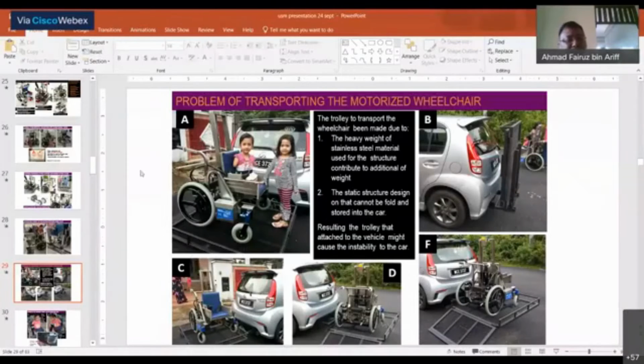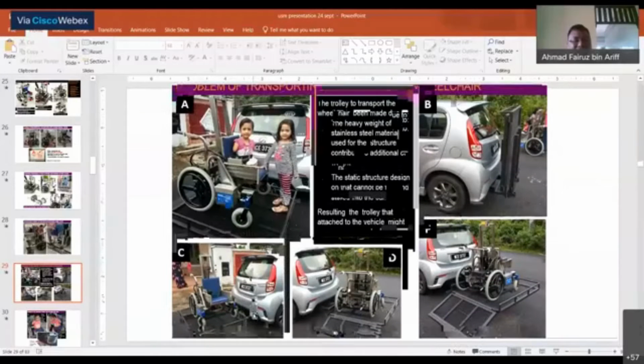So this has been done non-moving, cannot be folded, resulting in a trolley attached at the back of the vehicle that might be insufficient. You can see, if this is being carried by a 4x4 it is okay, but if this is being carried by a normal MPV, I think it should be not feasible.